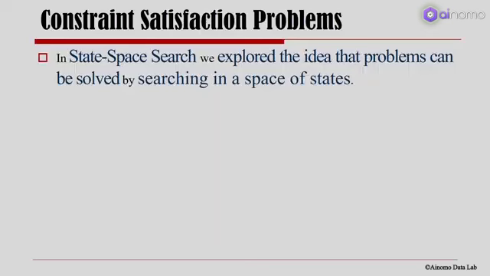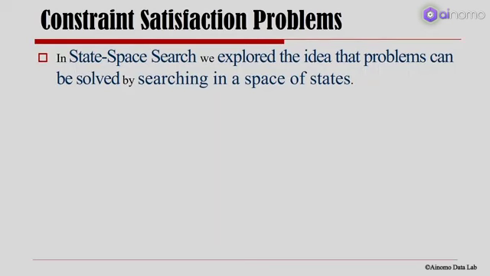While we were doing state space search, we explored the idea that problems can be solved by searching in a space of states. In such a situation, these states can be evaluated by domain-specific heuristics, and we tested to see whether they are goal states or not.